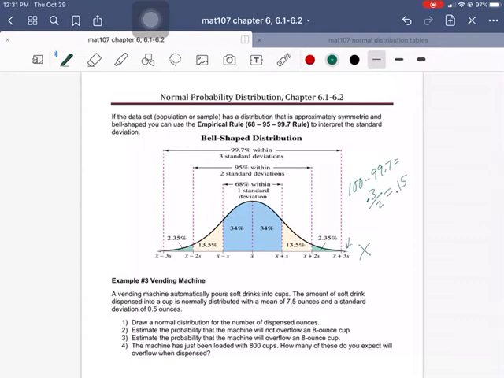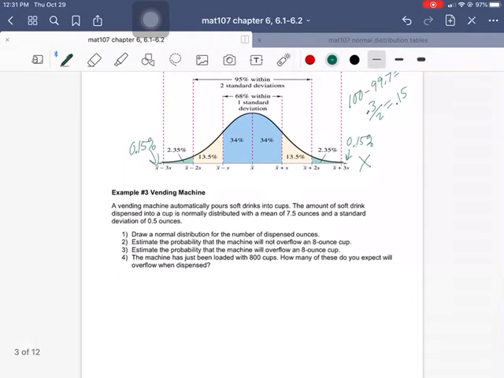So right here and right here is 0.15, 0.15% of the data there to complete to 100%. Okay. 0.15% of the data can fall theoretically above or below 3 standard deviations.